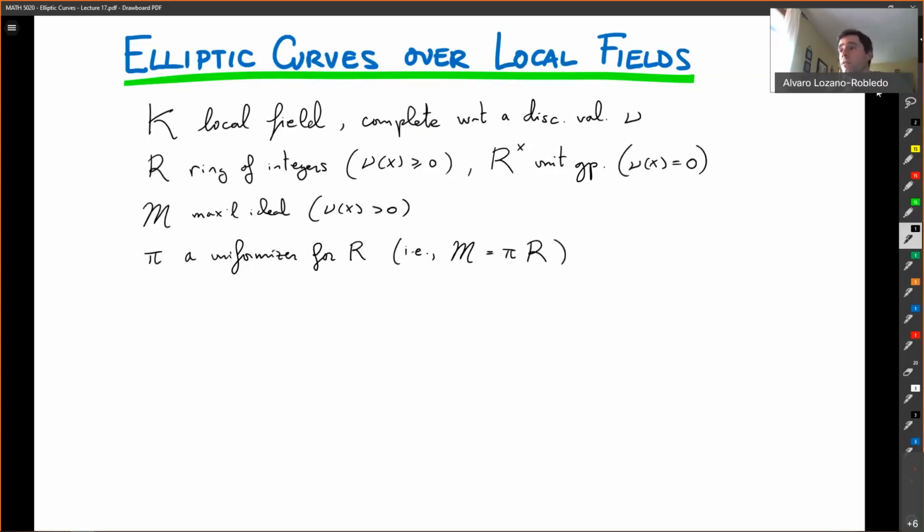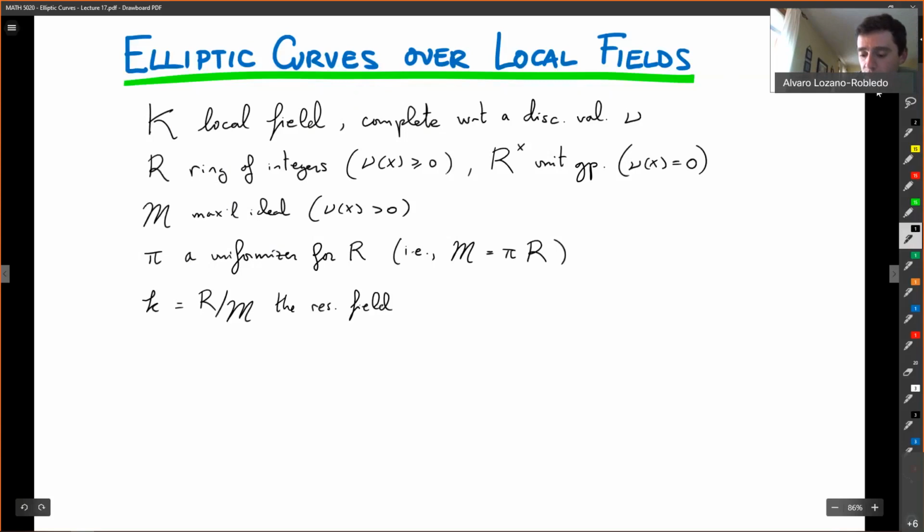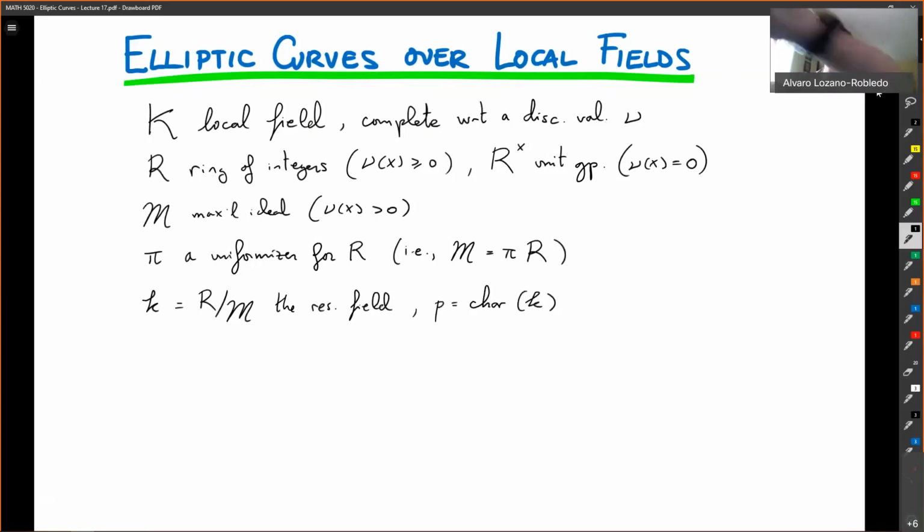I typically normalize so pi is the one with valuation 1. And yeah, this is the residue field of my local field, and p is the characteristic of the residue field.